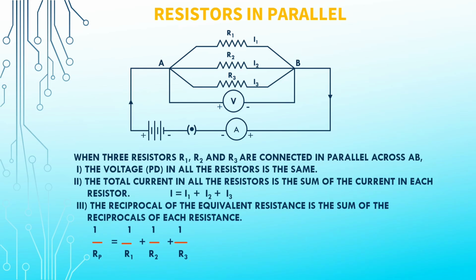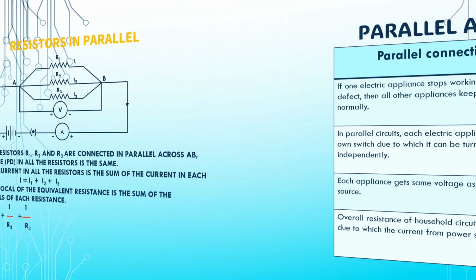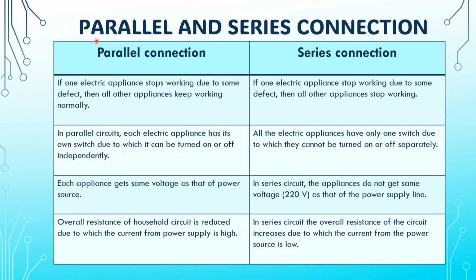Difference between the parallel and the series connection. For parallel connection, if one electric appliance stops working due to some defect, then all other appliances keep working normally. But in series connection, as they are connected with each other, if one electric appliance stops working due to some defect, then all the appliances stop working.